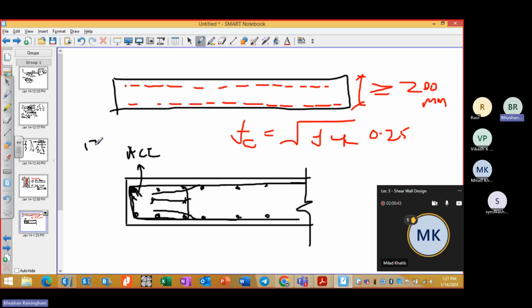So it is 135 degrees, as per IS, with a length of 10 phi inside the beam. It is the same in the IS code also, and we are following it as for the columns, the ductile detailing. So the ductile detailing will be the same as we do for columns for the boundary element.